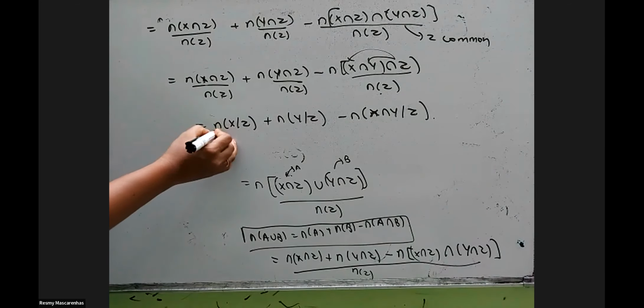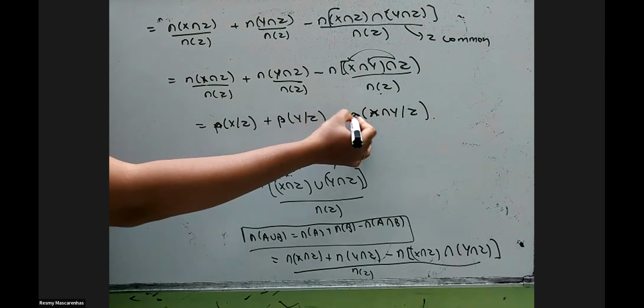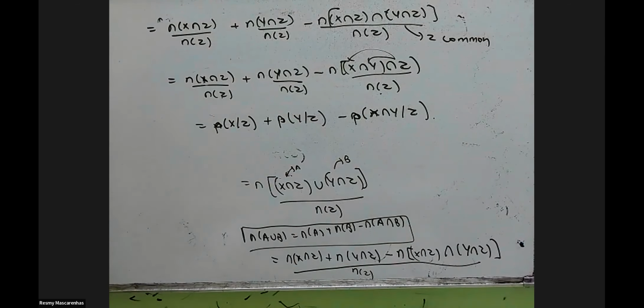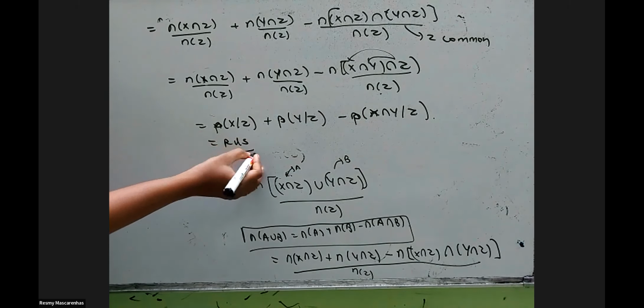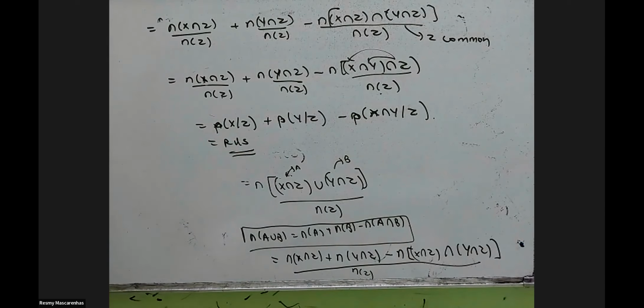Which is nothing but equal to the right hand side. Till here, if you get it, you can just refer to your question, the main proof, and you'll understand this should be the answer. Just apply it back and see: A upon B is A intersection B upon B. So that is correct.